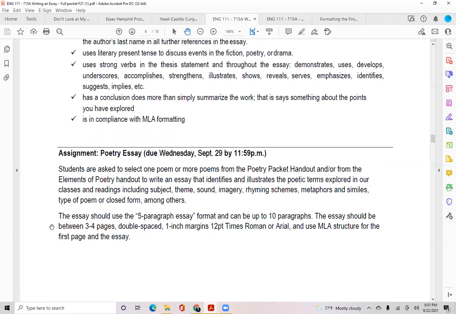The essay should use the 5-paragraph essay format and can be up to 10 paragraphs, and I'll explain what that is. The essay should be between 3 to 4 pages, double-spaced, 1-inch margin, 12-point Times Roman or Arial, and use MLA structure for the first page and the essay.